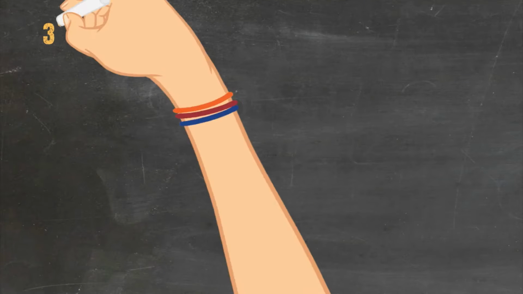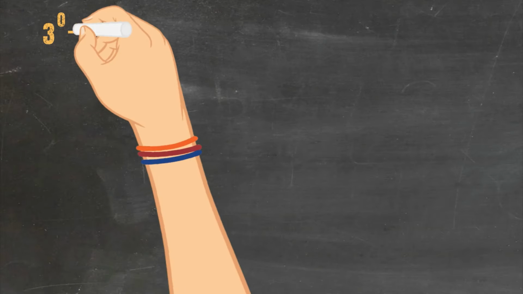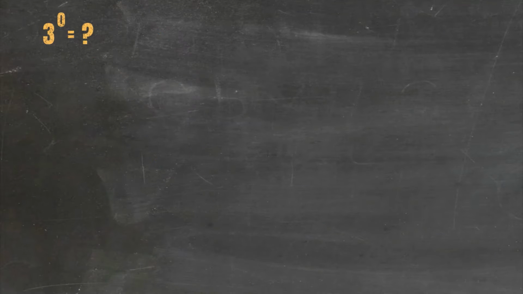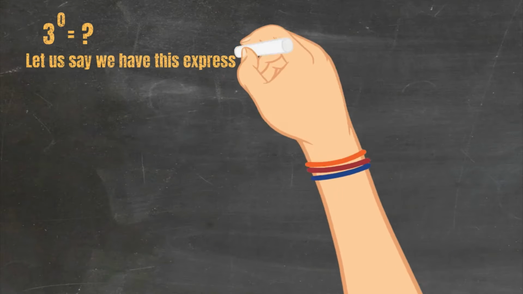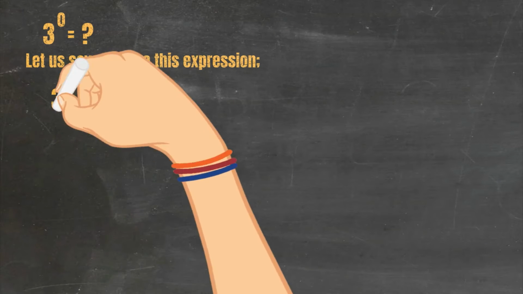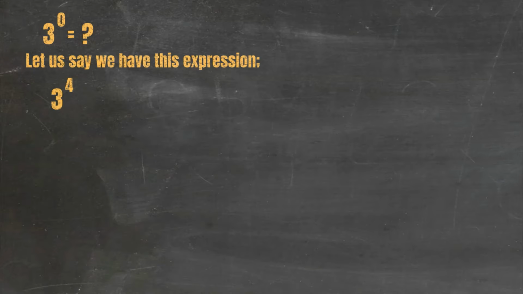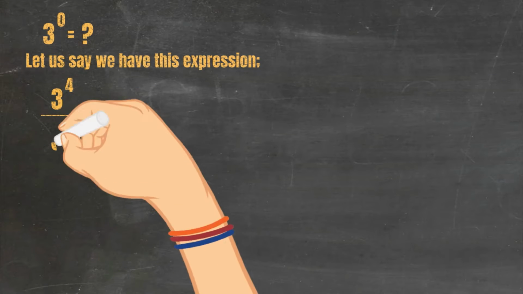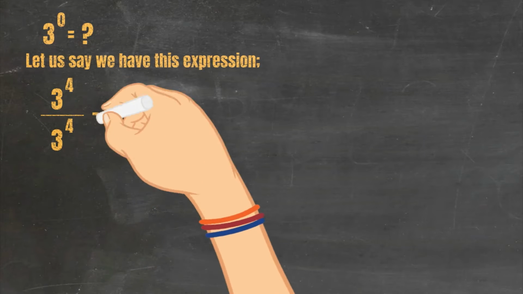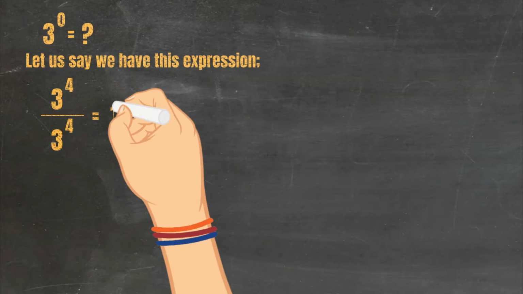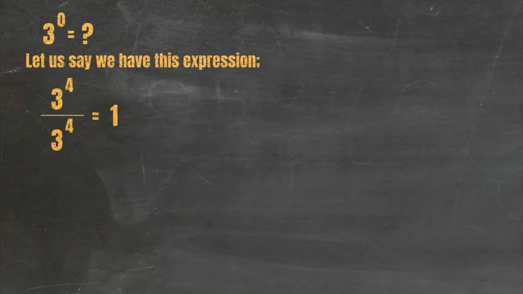What about if the exponent is 0? Example: 3 to the power of 0. What is this equal to? Let's find out. Let us say we have this expression: 3 to the fourth power. If this is divided by itself, what will be the quotient? The quotient will be 1. 3 to the fourth power divided by 3 to the fourth power equals 1.